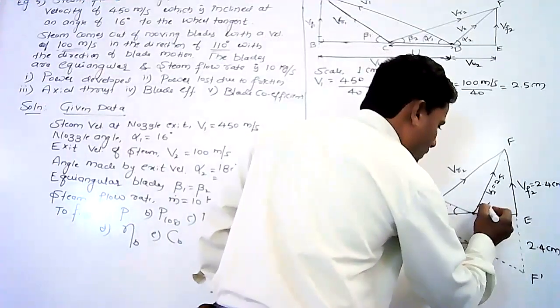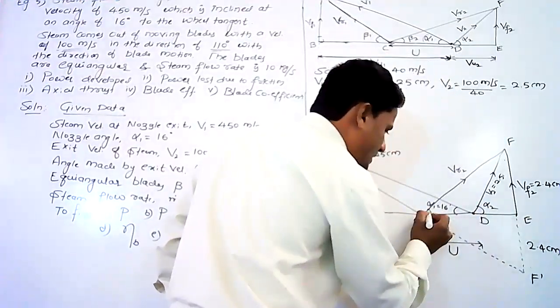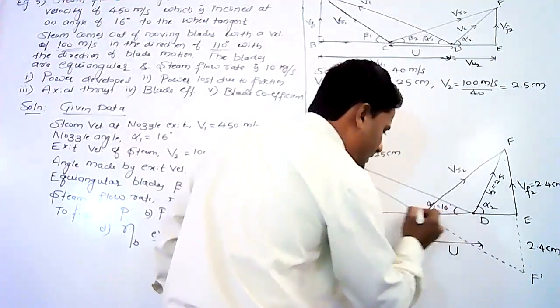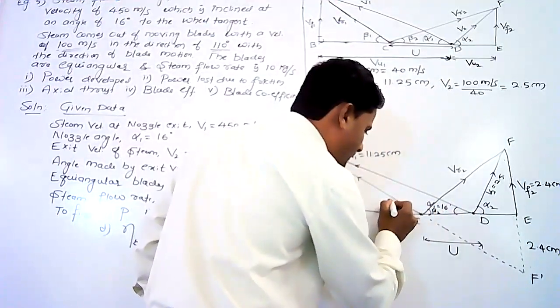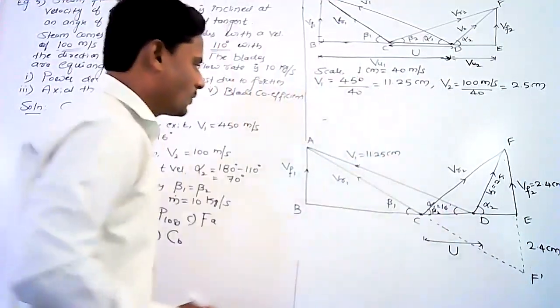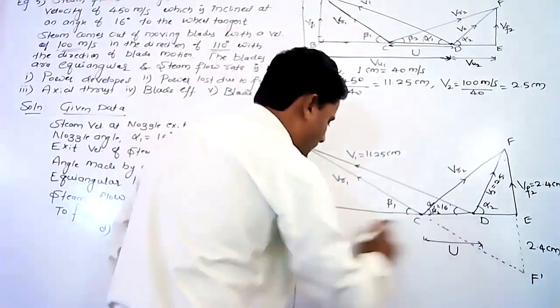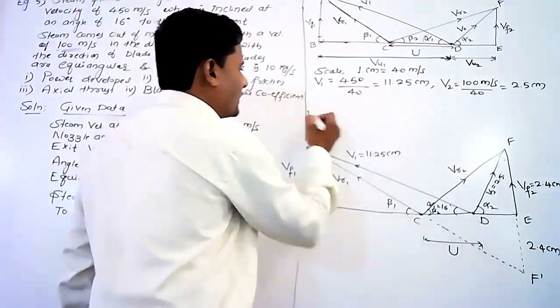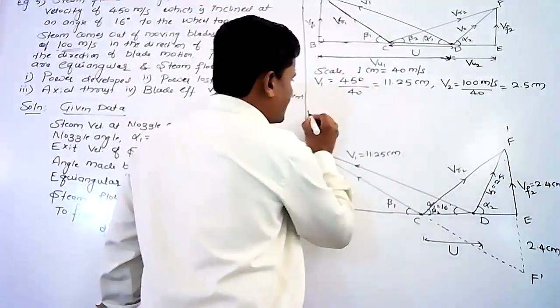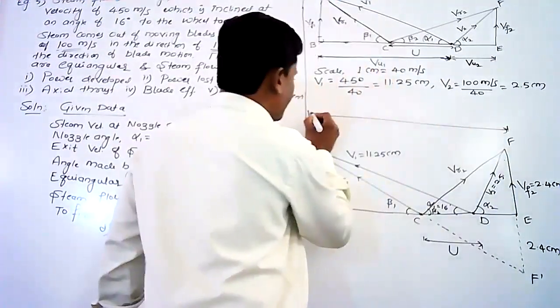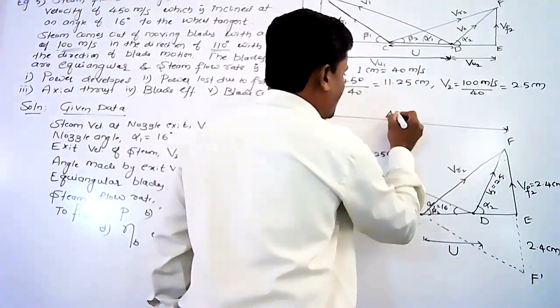Here you can take alpha 2, which is already given. This is beta 2, and this is beta 1. The total length between B to E is delta VU.